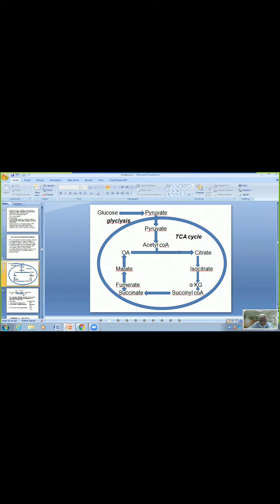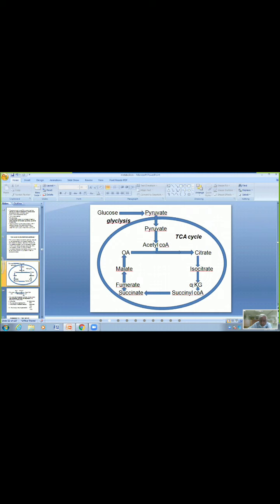It is also called tricarboxylic acid because it has three carboxyl groups. Citrate is ultimately oxidized to isocitrate and then alpha ketoglutarate. Is it clear?